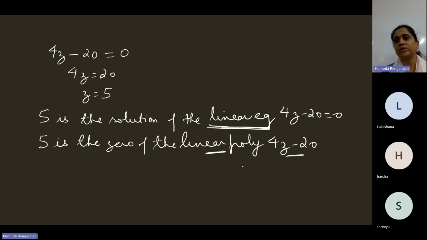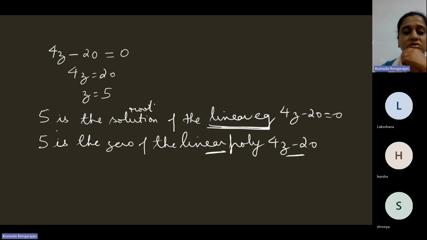Now this number 5, for the linear polynomial 4z minus 20, is called the 0. For the linear equation 4z minus 20 is equal to 0, 5 is called the solution. It's also called the root.